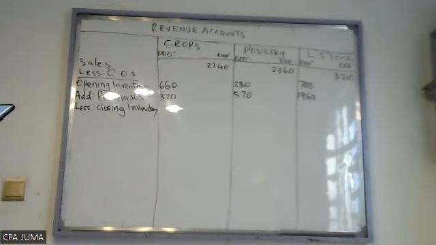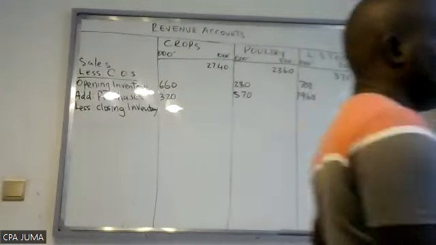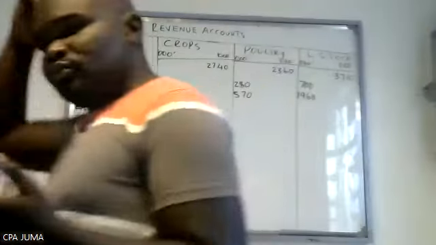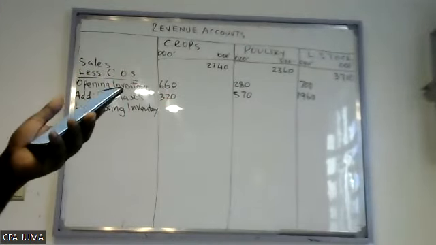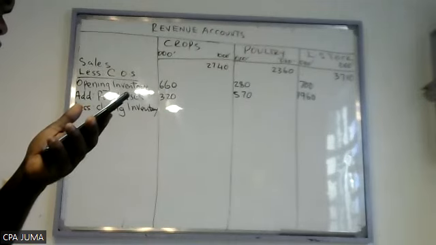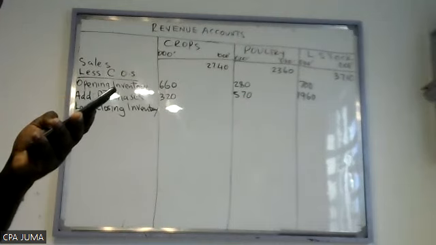So closing inventory, additional information number 3, the last additional information. So the last one, growing crops, 160, fertilizers, 80, seeds, 40, mature crops 70.